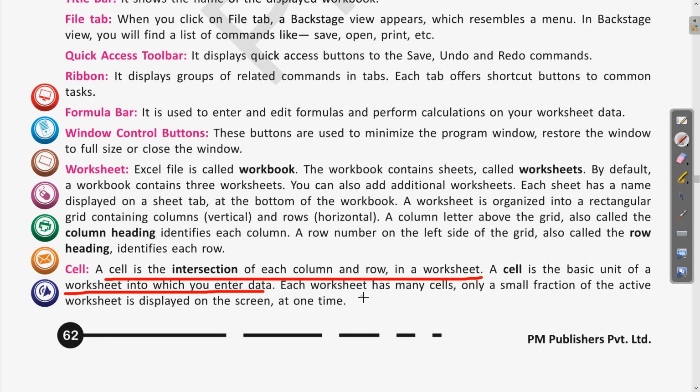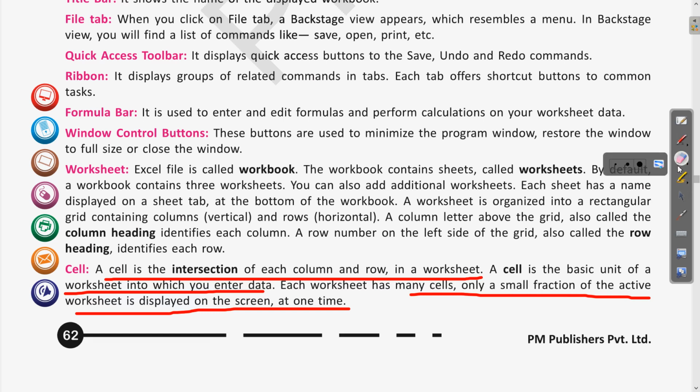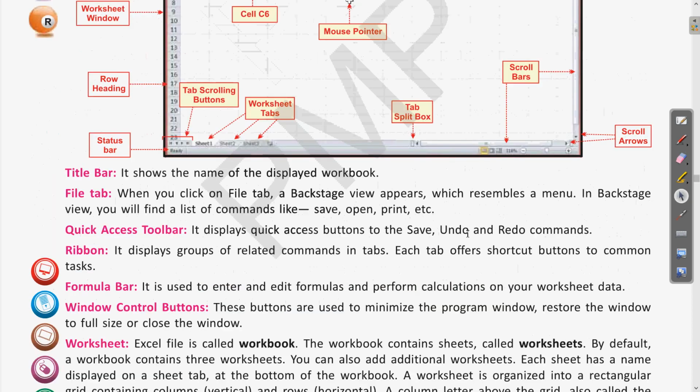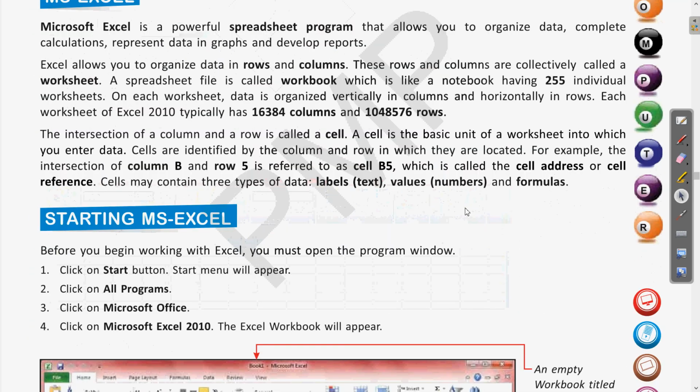Each worksheet has many cells. Only a small fraction of the active worksheet is displayed on the screen at one time. Clear? As we saw in the previous part, we have 16,384 columns and 10,48,576 rows.